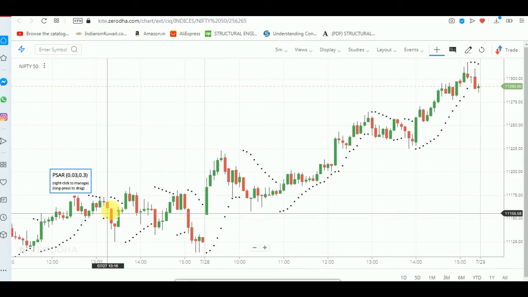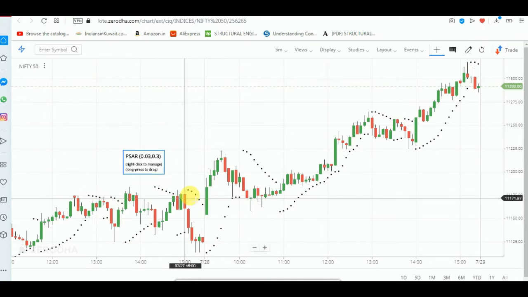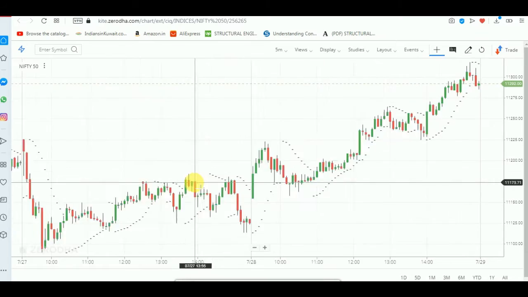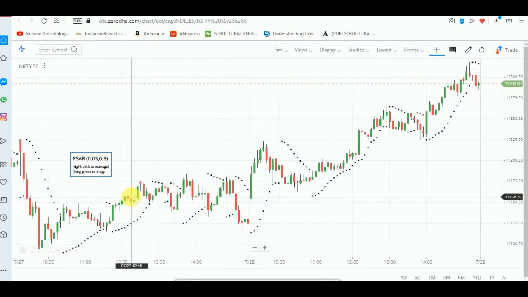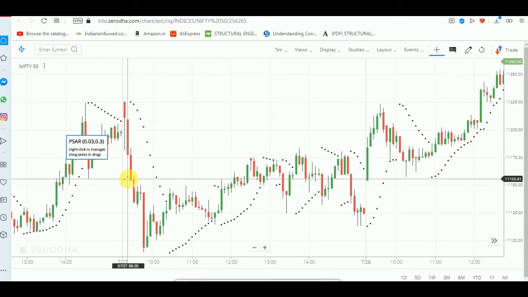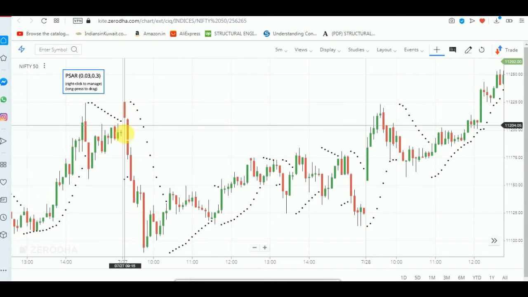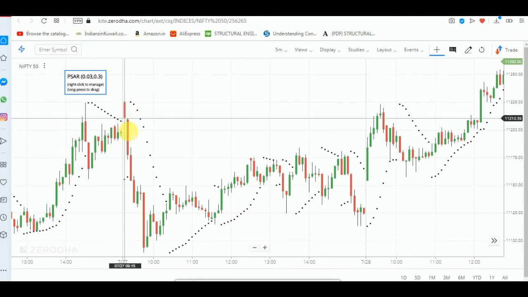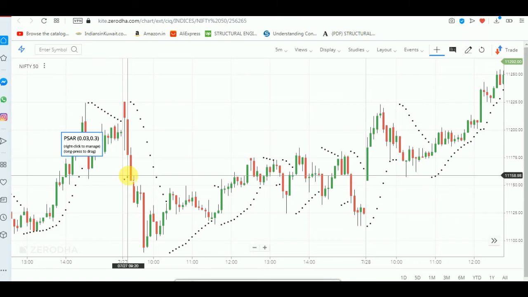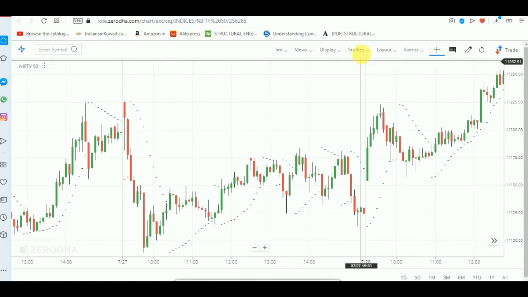You can see these two dots here, and small changes in the direction. Here also you can see two dots have formed, showing that the market is going to be bullish, but it is completely bearish, right? From the top it has gone down like anything, so it is a big false signal, right?